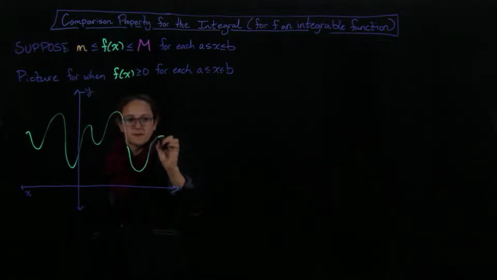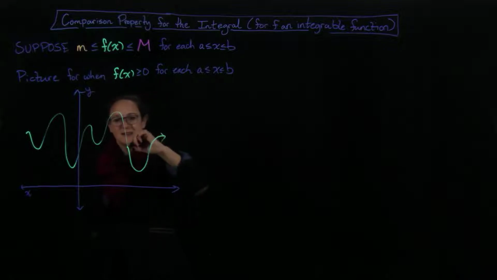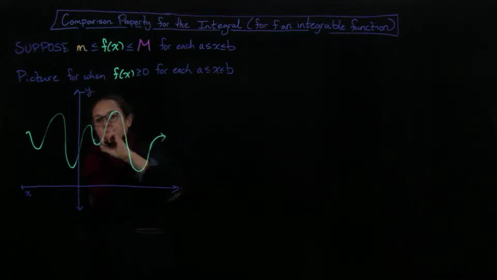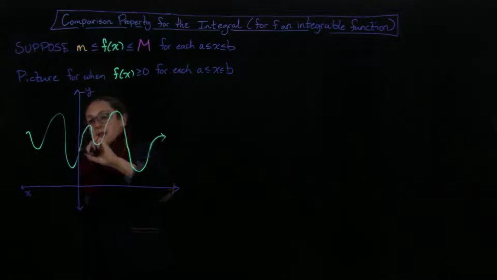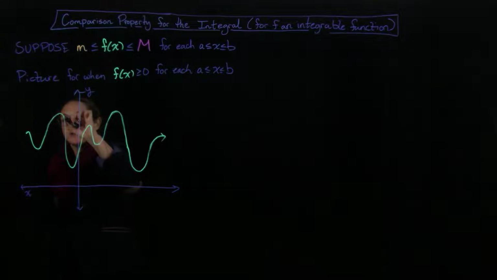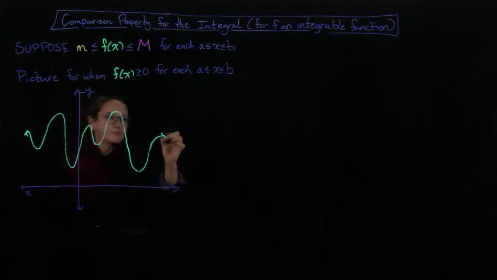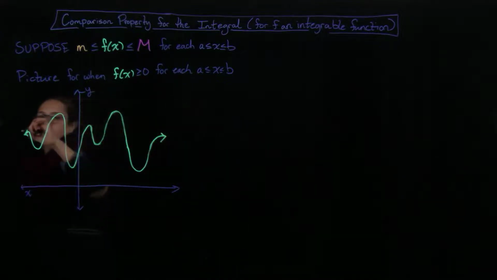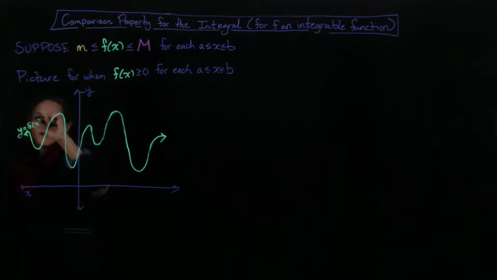Maybe I need to go a little bit slower for it to actually show up. It goes up and down a little bit, but it's always staying right above the x-axis. That was the key point here. And this is the graph of my function, so this is y equals f of x.